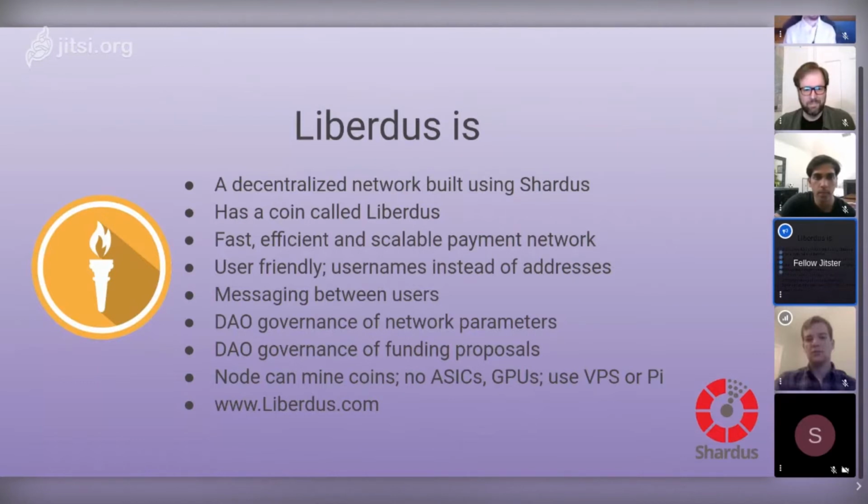And with Liberdus, one of the things that we're trying to do is make it so that it's very easy for people to be able to create an account and to be able to use friendly handles to be able to send their coins to another person.